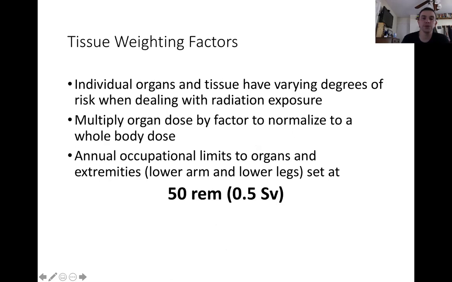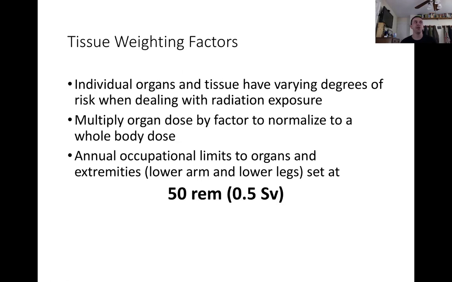So tissue weighting factors, they kind of recognize that fact of radiosensitivity, that certain tissues are much more radiosensitive, meaning that when you're looking at that stochastic risk, that whole body risk, if you have certain organs that are irradiated, for example, say a radiopharmaceutical that selectively goes to certain organs, these tissue weighting factors take that dose to that organ and expand it to a whole body risk of developing cancer.